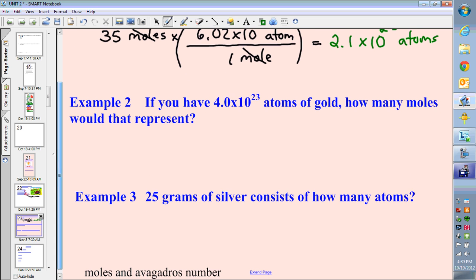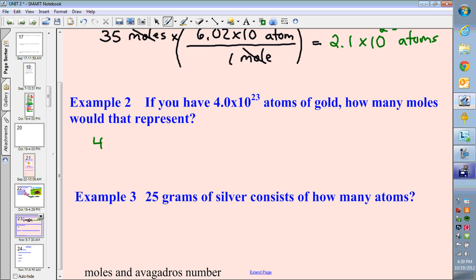Okay, so let's look at example 2. Let's say you had 4.0 times 10 to the 23 atoms of gold. How many moles would that represent? Well, we're going to use Avogadro's number, but instead we're going to invert it so that we can use it by dividing instead.